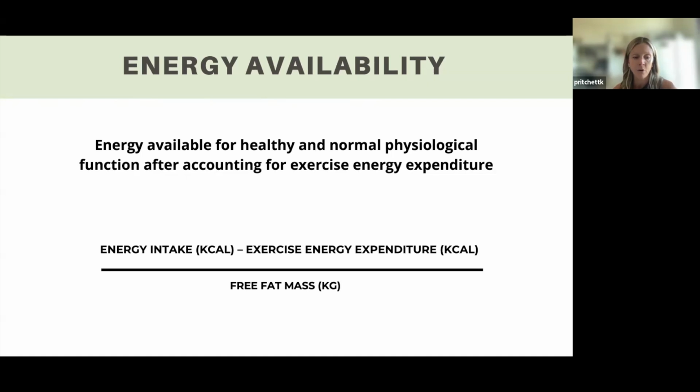And so why this is so important: for example, if you look at an athlete who's consuming 2,000 calories and they're expending 1,000 calories through exercise, they only have 1,000 calories left over to support normal health and physiological functioning. So this becomes important. We start to see things like amenorrhea, or a lack of menstrual cycle, as a result in some of our female athletes, and we'll talk about other common signs and symptoms later on.